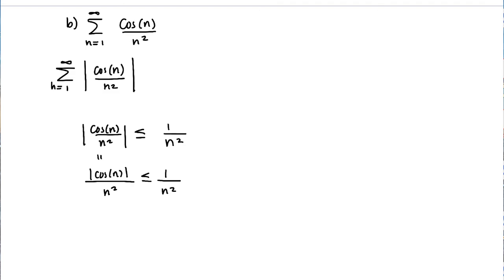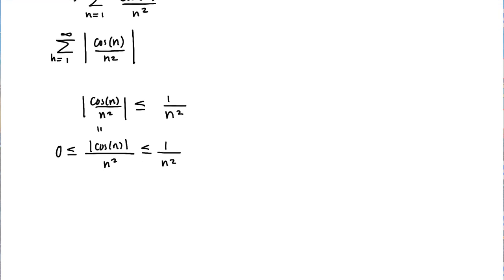So I see that we have all positive terms happening, and we have this inequality established, which means that we know that this is a convergent p-series. So 1 over n squared is a convergent p-series because p is equal to 2. And we learned in our integral test video that p-series will converge when your power is greater than 1.